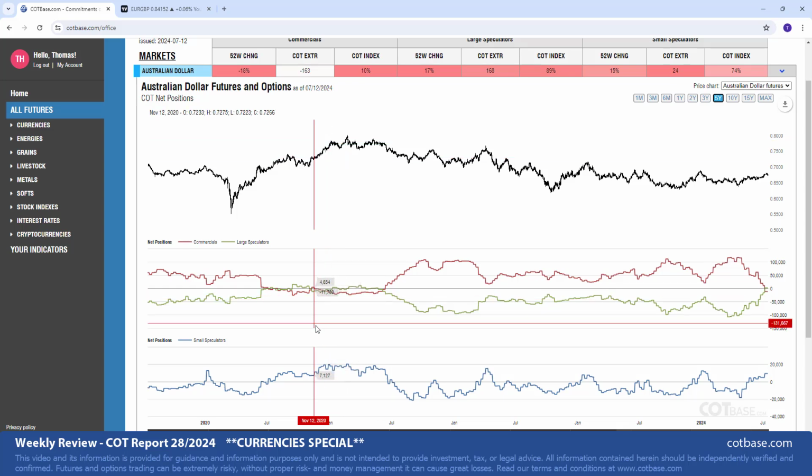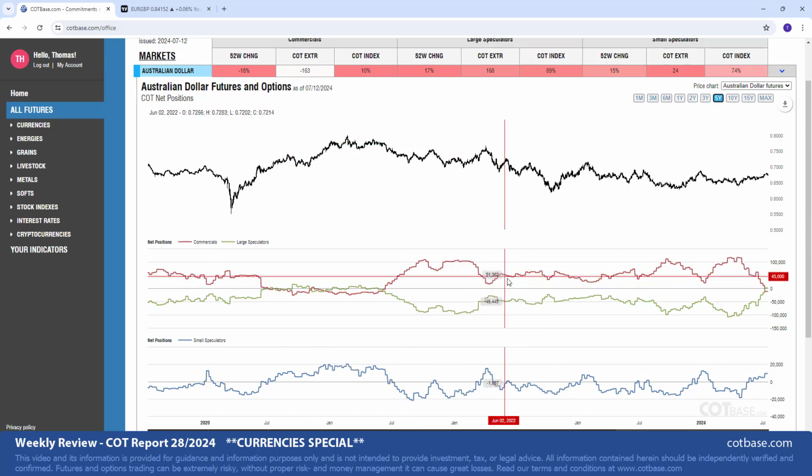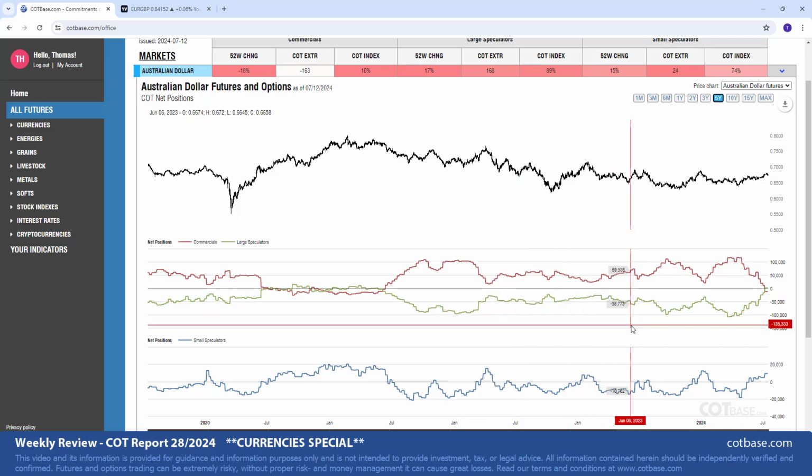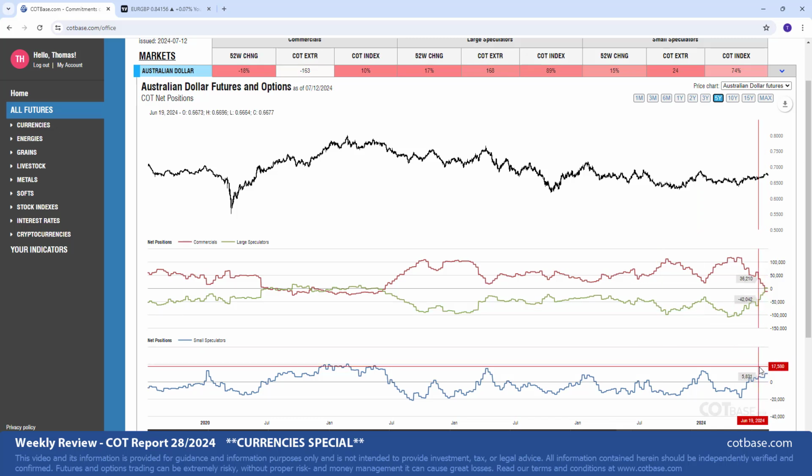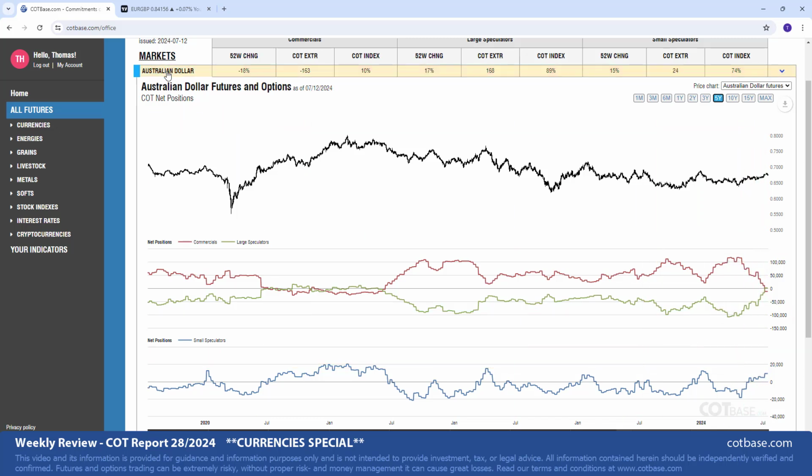So in itself, on its own, I would say the COT report may not be the best tool to pinpoint the exact time of going long or short. And that's where the iCOT intraday indicator with AfterSignal can be very, very helpful, identifying good entry and exit points. We'll get to that later. So that's the Australian dollar.